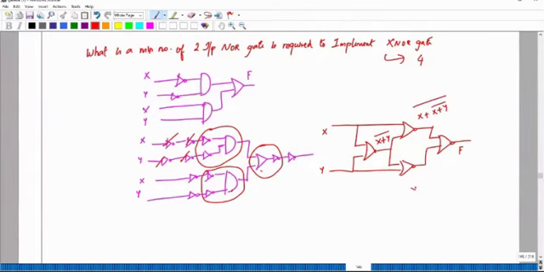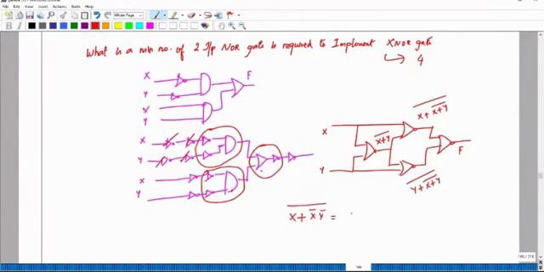What is this one? Y plus x plus y bar the whole bar. Okay. X plus x bar y bar the whole bar.